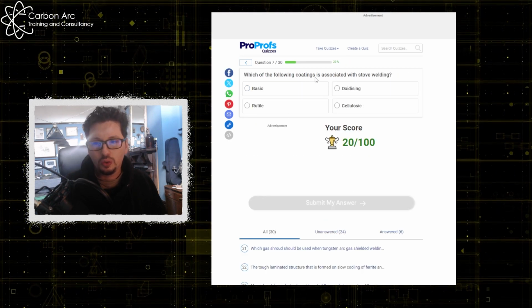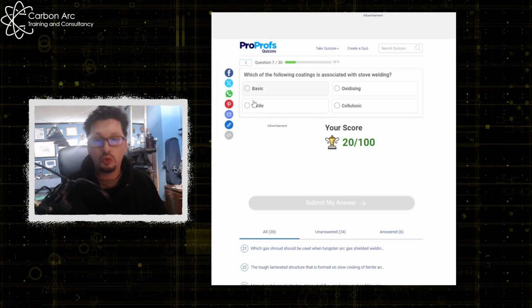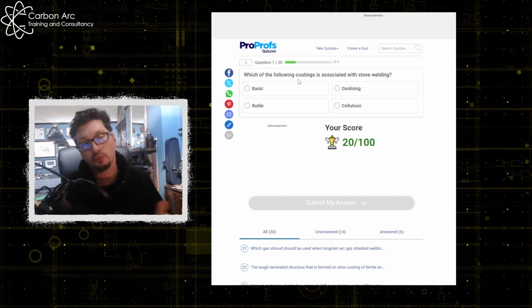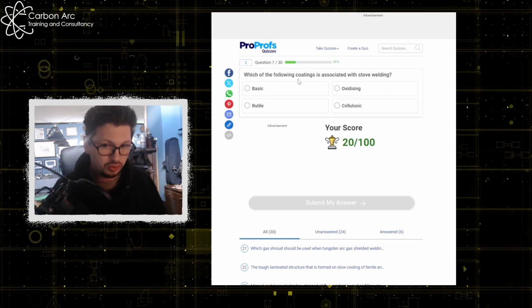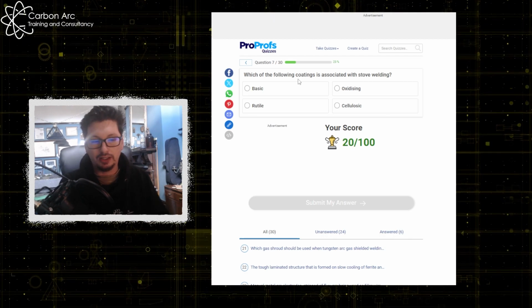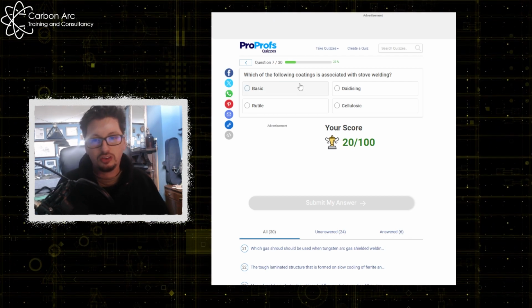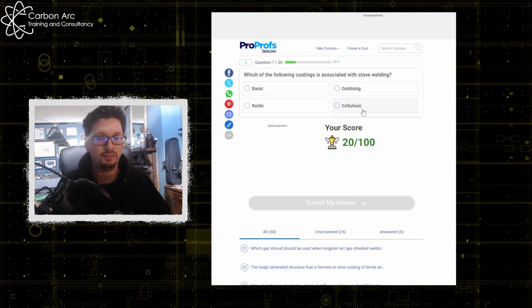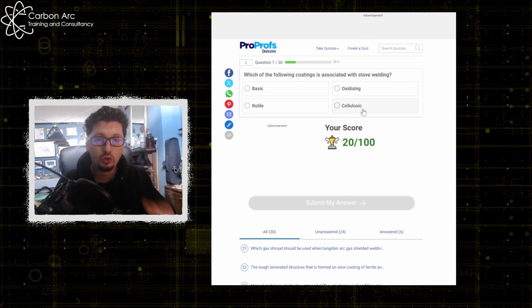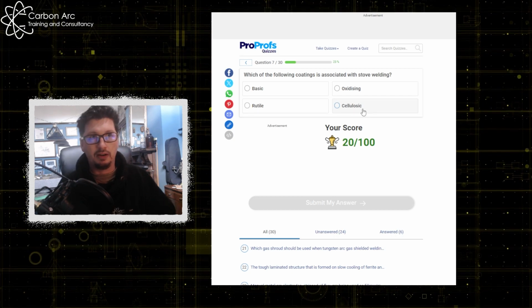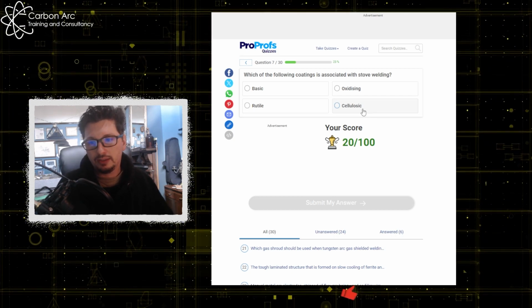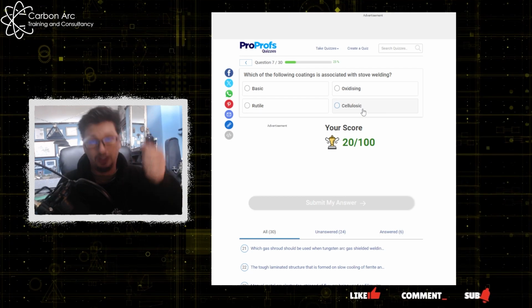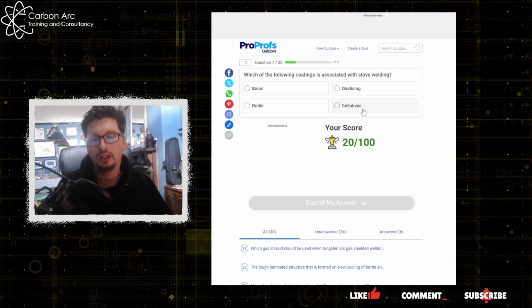Which of the following coatings is associated with stove welding? So this is which of the following coatings in a covered electrode is associated with stove welding. Here we've got basic, rutile, oxidizing or cellulosic. Well, stove welding is the American term for overland pipelines, and it's done vertically down.